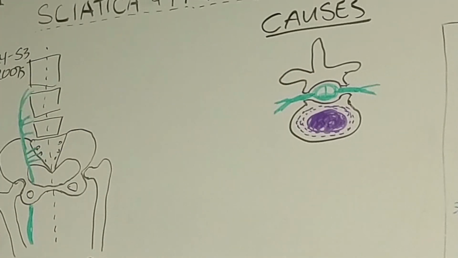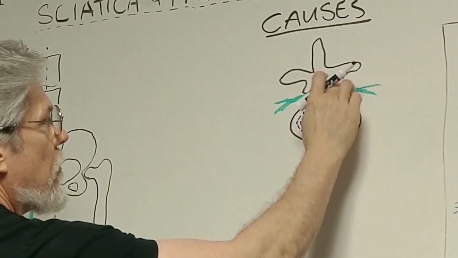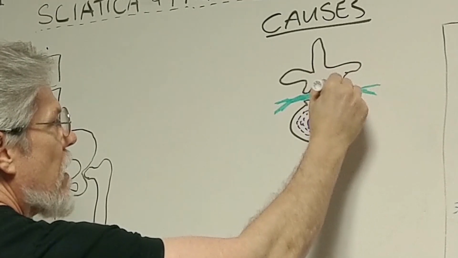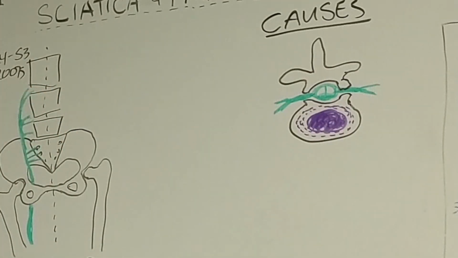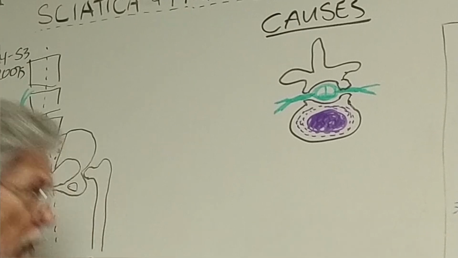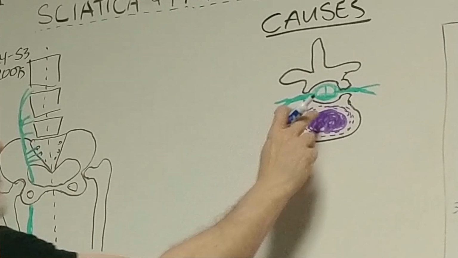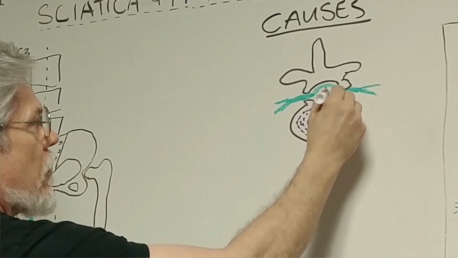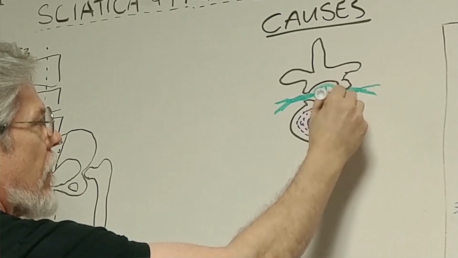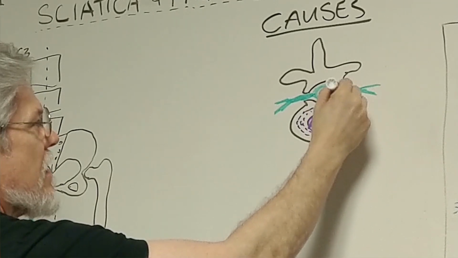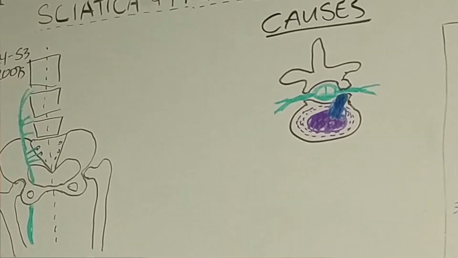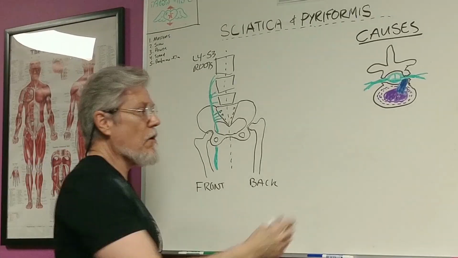For example, we could have an osteophyte, like from arthritis, that might compress that nerve root and irritate it. Or we could have a herniated disc, which causes the nucleus pulposus to herniate out and compress that nerve root. And this compression is thought to be not just a mechanical irritation of the nerve root, but also a chemical irritation.